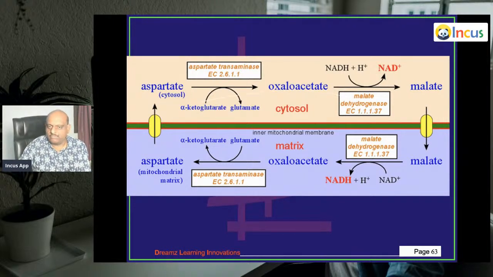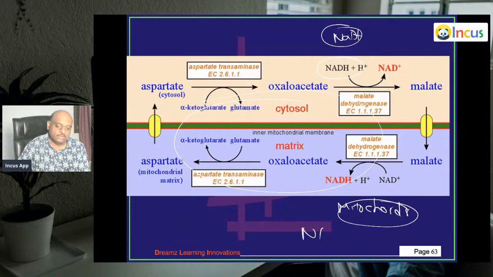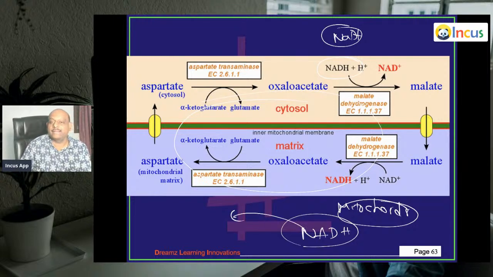this shuttle will enable the circulation of NADH produced in the cytosol to go into the mitochondria. Because if NADH reaches the mitochondria, then only it will convert into energy. So somebody should carry.